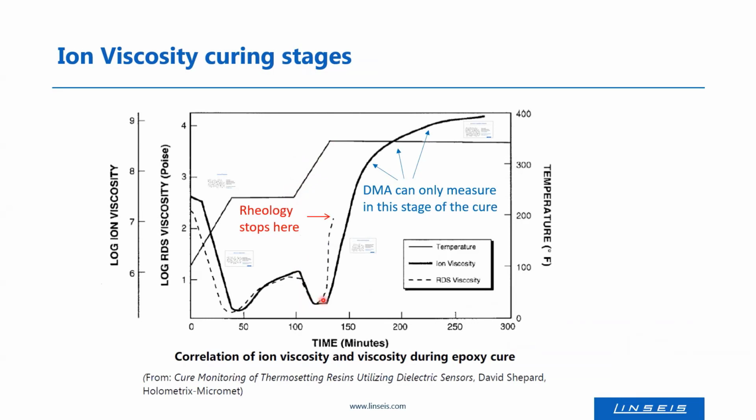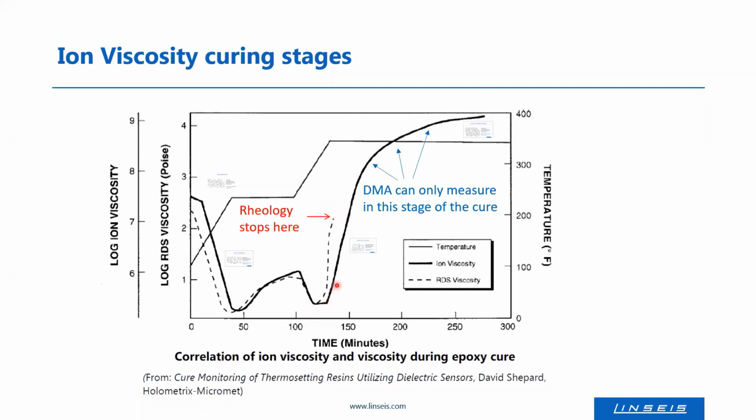So we see here a strong increase in the mechanical viscosity and also in the ion viscosity. And the mechanical viscosity stops at some point. It cannot be measured anymore because the force of a rheometer is not big enough to measure it here.